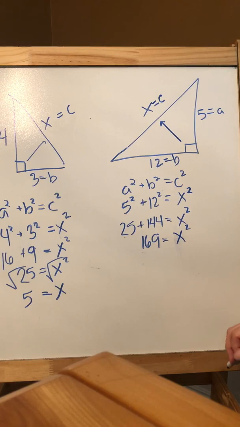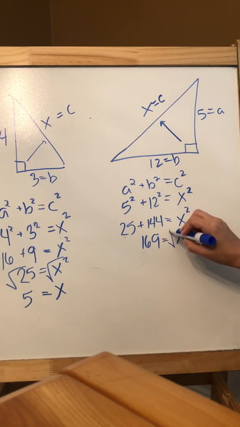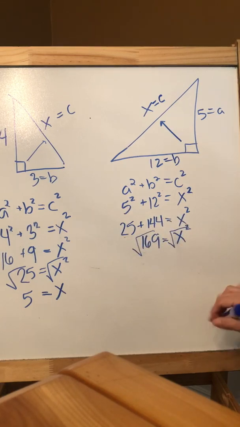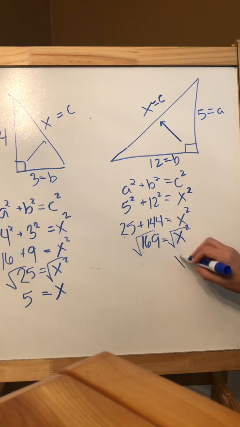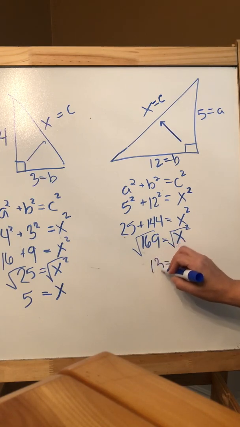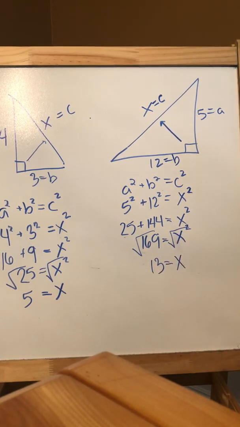We need to get rid of the squared value. So we are going to cancel it out by taking the square root of both sides. If you take the square root of a squared value, that cancels out and we're left with x equals 13 because the square root of 169 is 13. Okay, let's make it a little harder now.